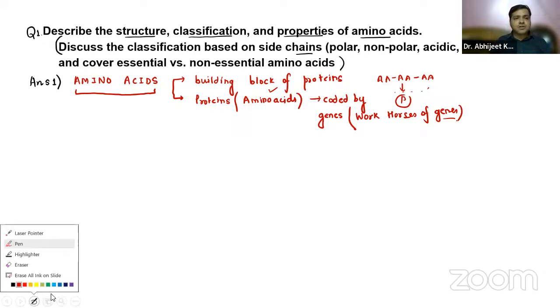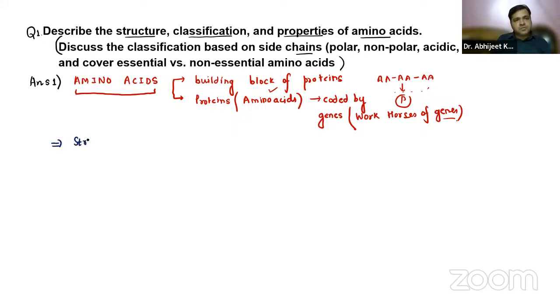Apart from that, if we talk about the structure of amino acid, and especially guys, I'm talking about the alpha amino acid over here. Now, when I say alpha amino acid, you already know we have a carbon.